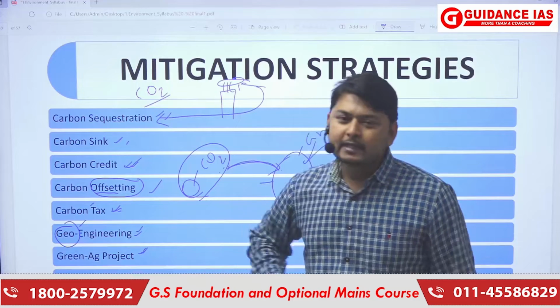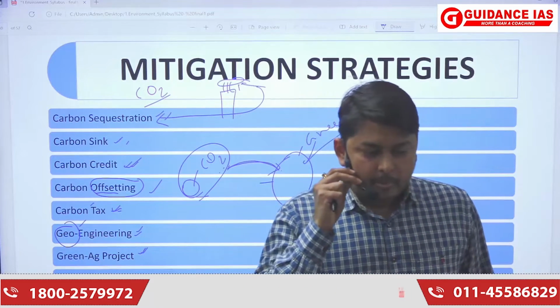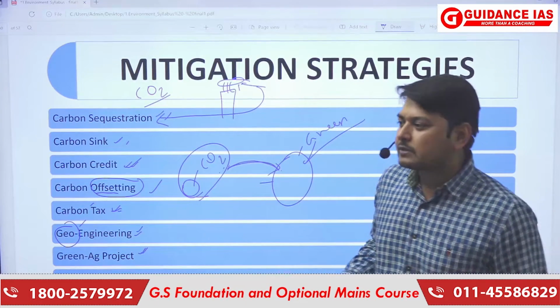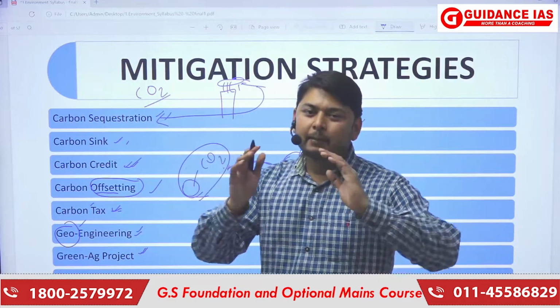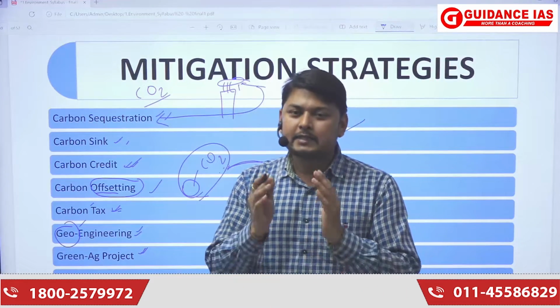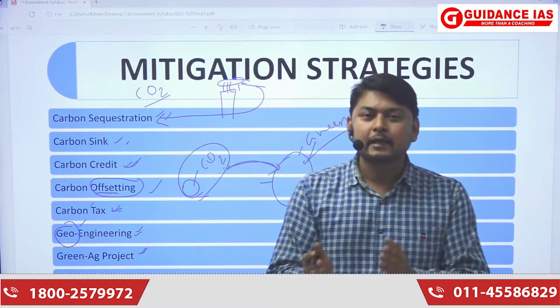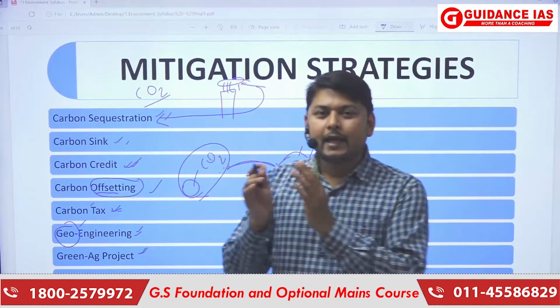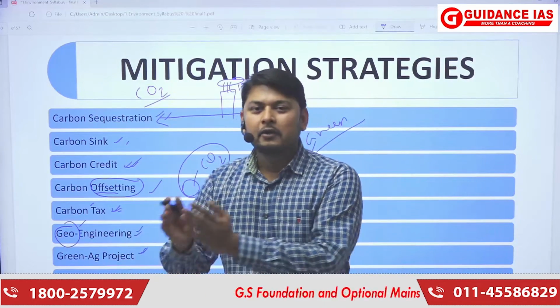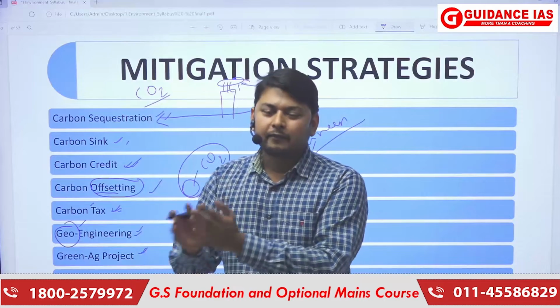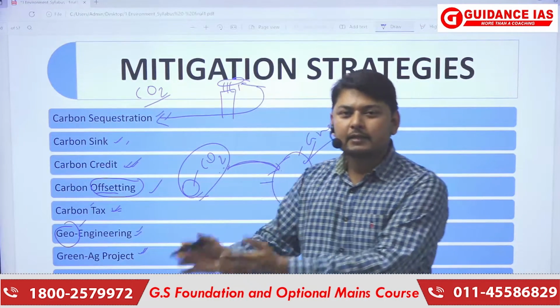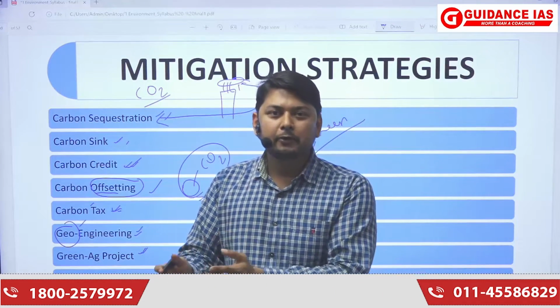Now, decarbonizing transport. What can be decarbonizing transport? It is basically replacing one vehicle which is releasing CO2 and gases into the atmosphere with another vehicle which does not do it. What can be those vehicles which do not release CO2 or other gases into the atmosphere?